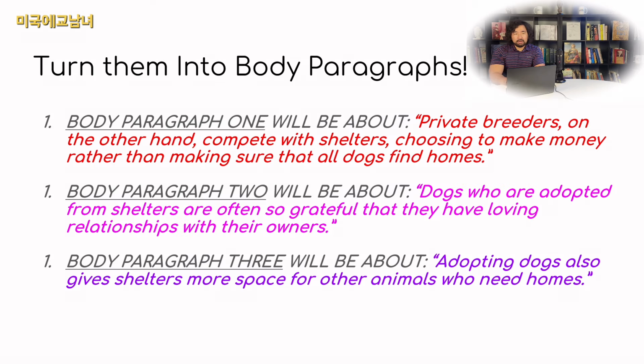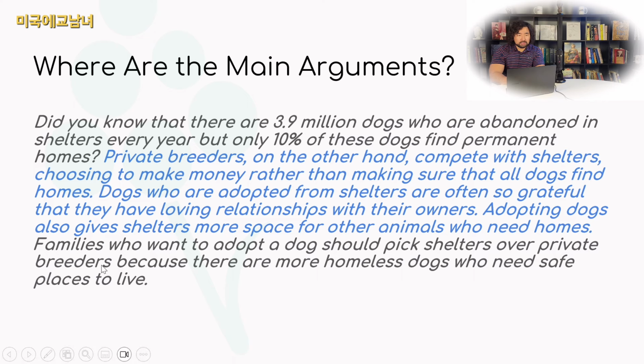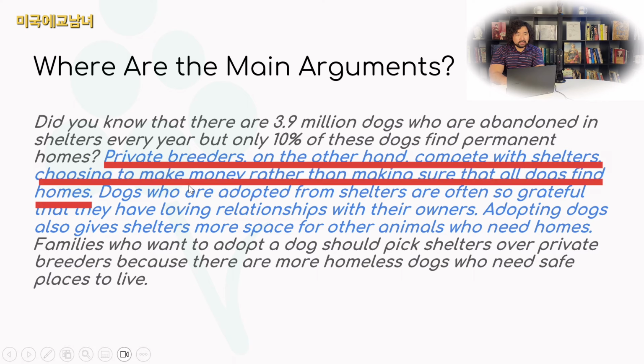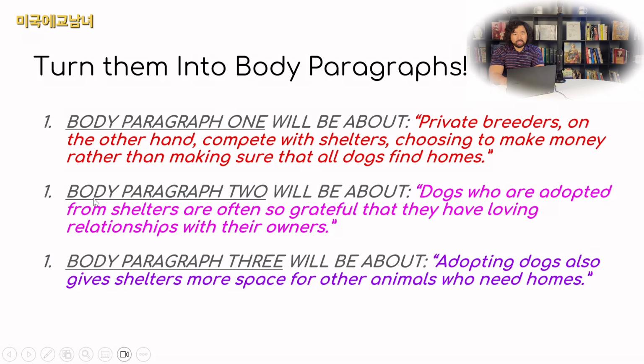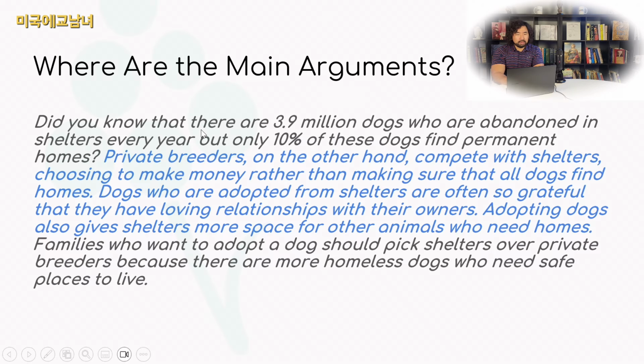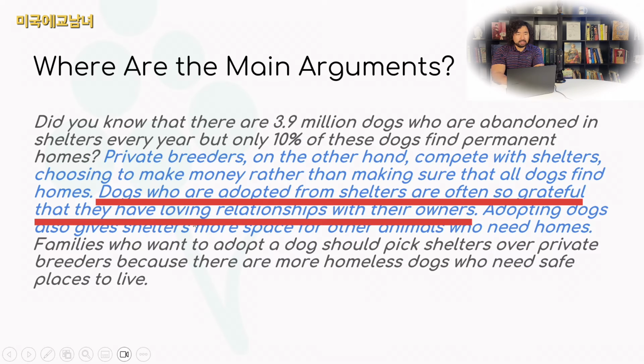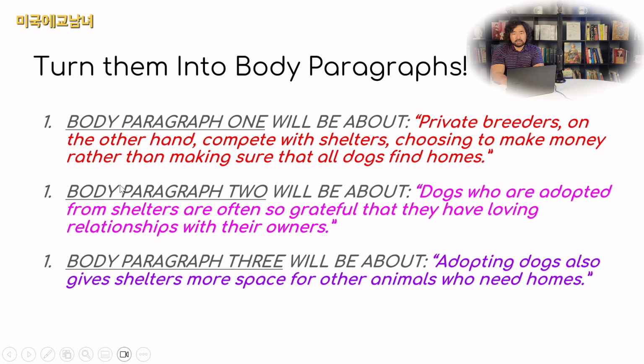So body paragraph 1 will be about the very first sentence here: the private breeders, on the other hand, compete with the shelters, choosing to make money rather than making sure that all dogs find homes. Then a second body paragraph comes right after, starting with dogs here: dogs who are adopted from shelters are often so grateful that they have loving relationships with their owners.